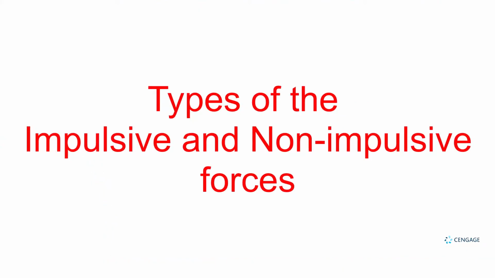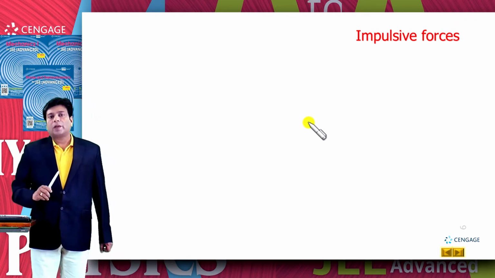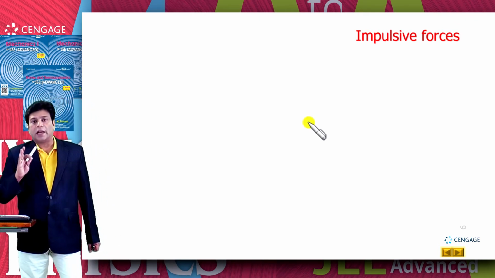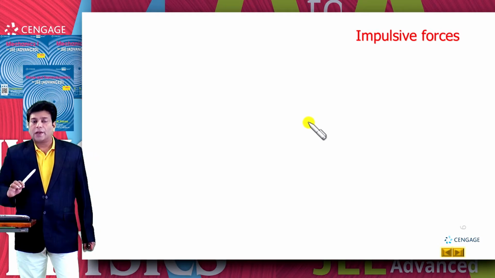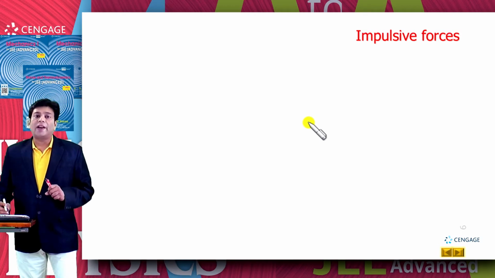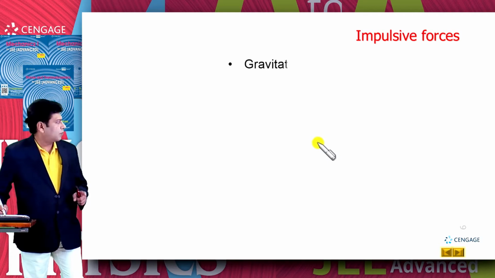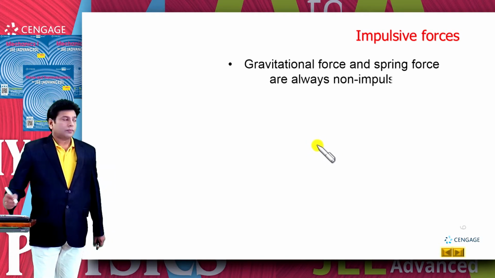Let us talk about some types of impulsive and non-impulsive forces again. The forces which are finite and slow, that can be defined easily, cannot be impulsive forces. So we can say gravitational force and spring force are always non-impulsive. Correct?